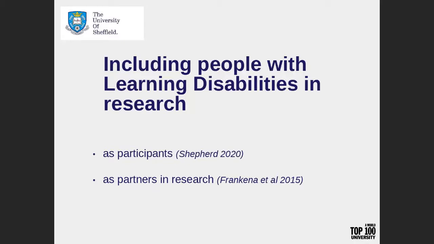And thirdly, in the UK, national policies and funding bodies now expect patient and public involvement and engagement in research. And in the Equality Act of 2010, there's a statutory requirement that all public sector bodies should make reasonable adjustments to ensure equality of access for people with protected characteristics, which includes people with learning disabilities. And that equality of access includes access to taking part in research.